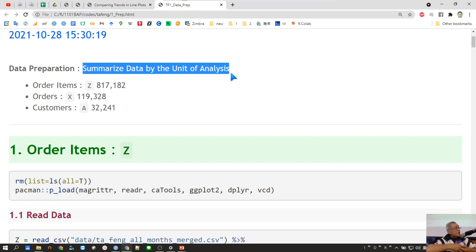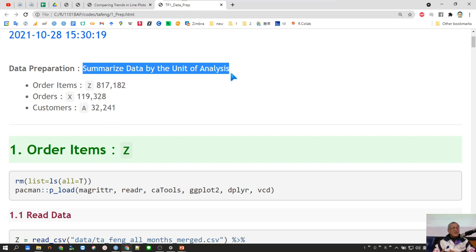If you are researching product, you want to aggregate data into a product item. If you are investigating product category, then you need to aggregate data into the product category. So you can compare them.